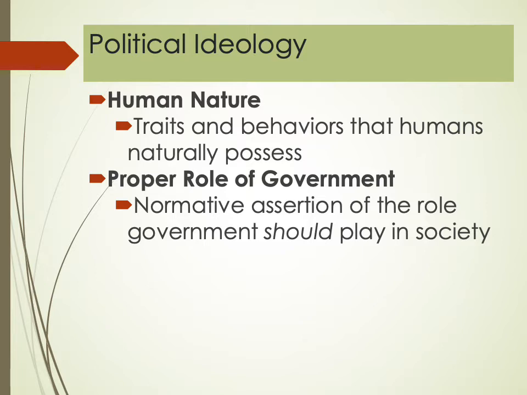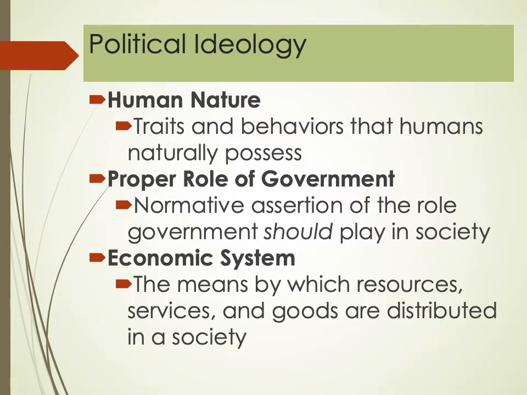So, like saying something like government should be very limited and not be involved in our lives, or that government should be very active and actively involved in our lives. Those are some examples of the belief about the role that government should play in our society. And then an economic system is the means by which resources, services, and goods are distributed in a society.